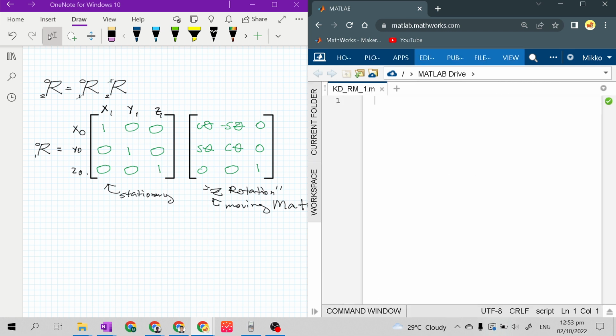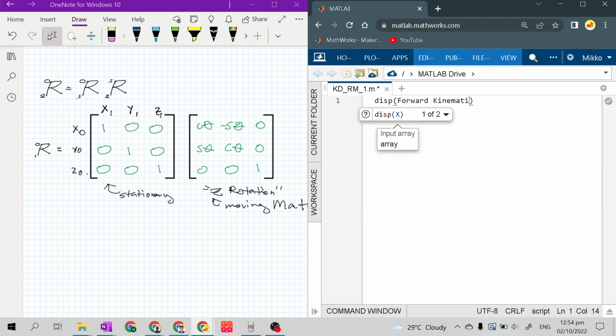Okay. So let's display a title of forward kinematics. Oh, this is a string. Okay, sorry. So this is a string.